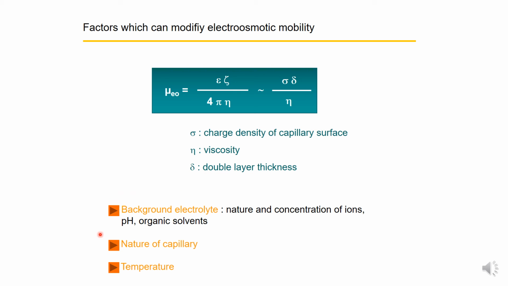Then concerning the factors which optimize this electroosmotic flow, we have different parameters like the nature and the concentration of ions. So this is the ionic strength, the pH, and also some organic solvent. But I will focus only on the nature and concentration of ions and pH.